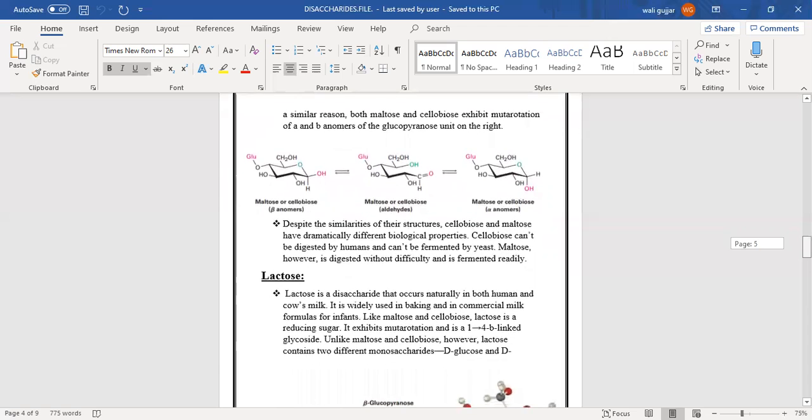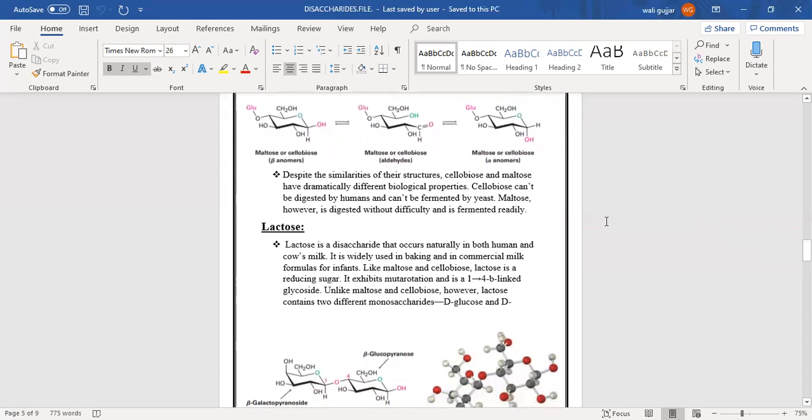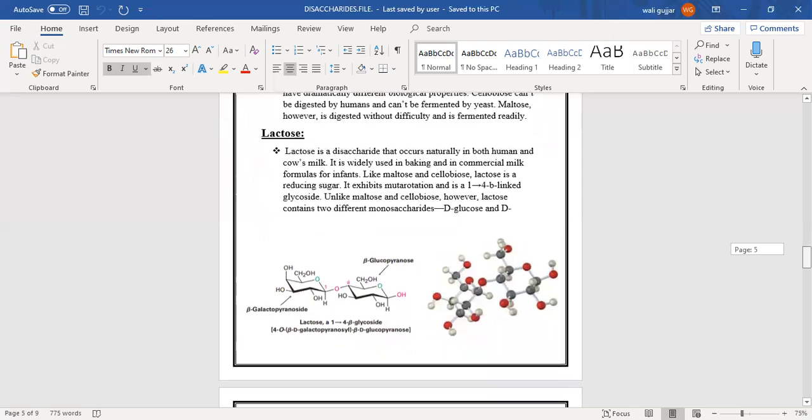Despite the similarities of their structure, cellobiose and maltose have dramatically different biological properties. Cellobiose can't be digested by humans and can't be fermented by yeast. Maltose, however, is digested without difficulty and is fermented readily. So they have some similarities, and there are also some differences between them.